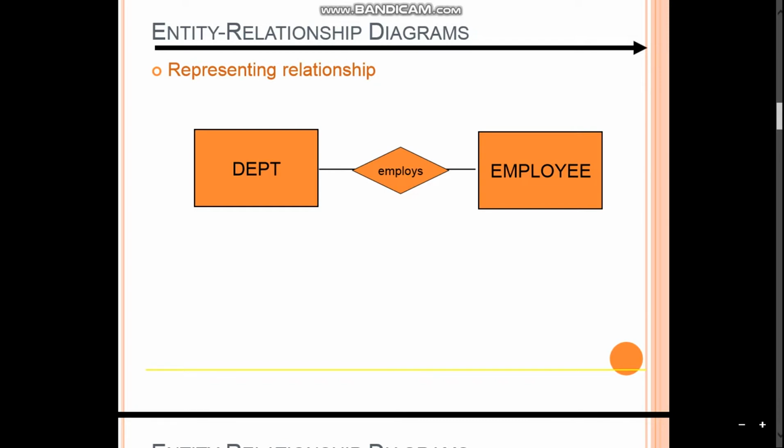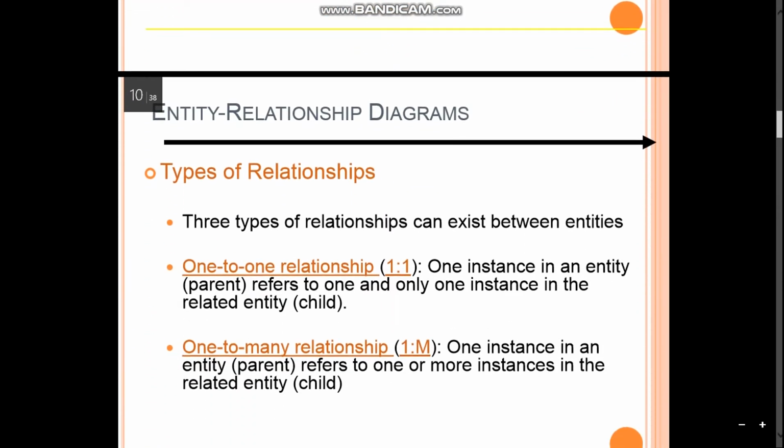Here you can see that department is an entity, employee is another entity, and employees is a relationship between the two entity sets or entity types. In an ER diagram, the relationship is mentioned within the diamond symbol with lowercase letters.